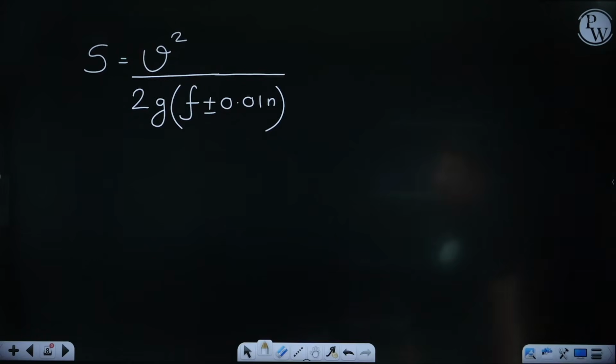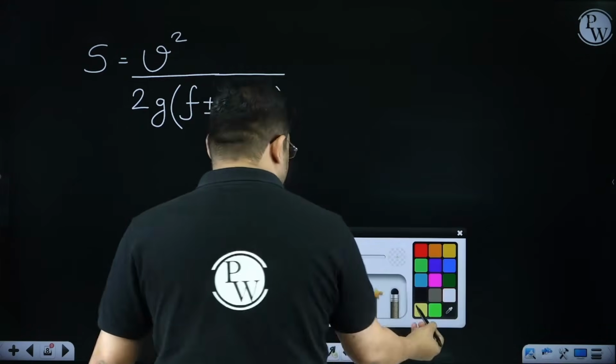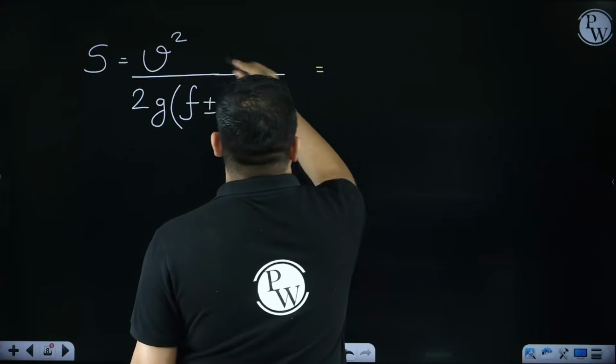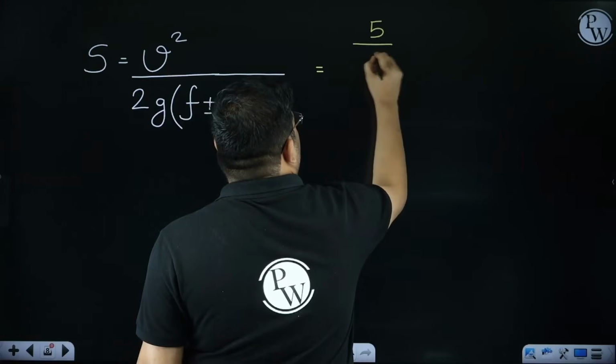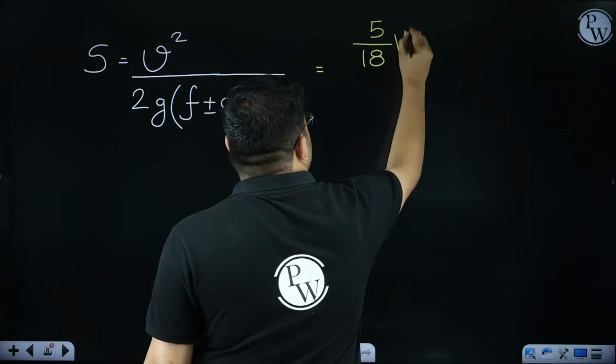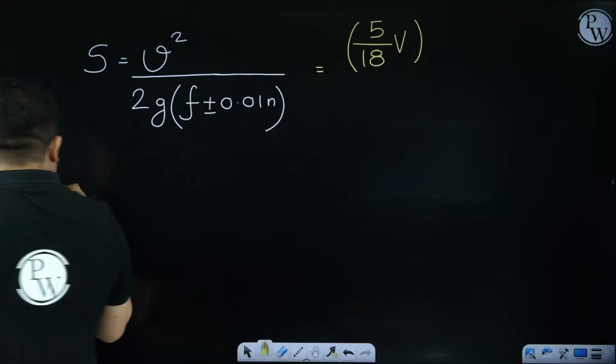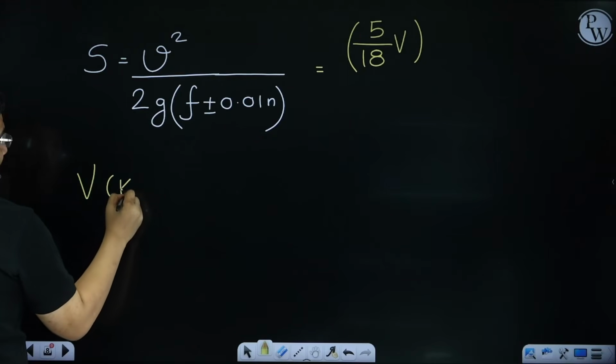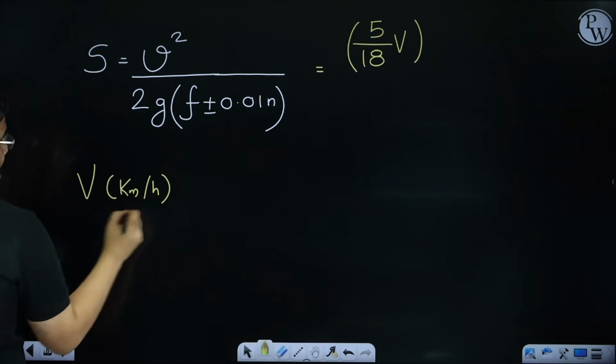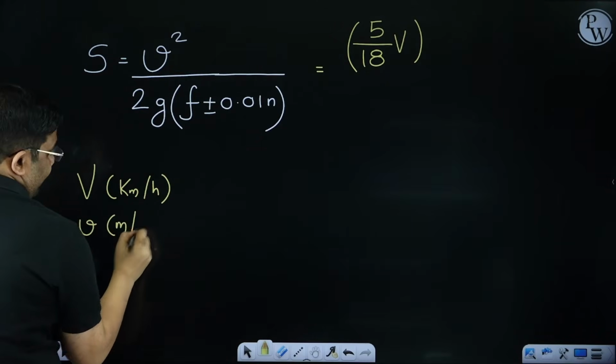Now this equation can also be written in a different form. In place of v, I can write 5 by 18 into capital V. We have already discussed that capital V is in kilometer per hour and small v is in meter per second.